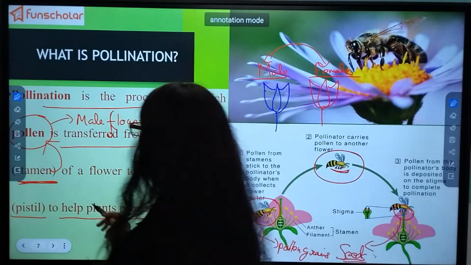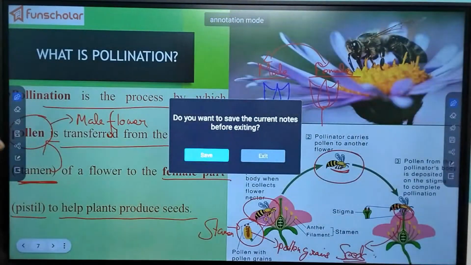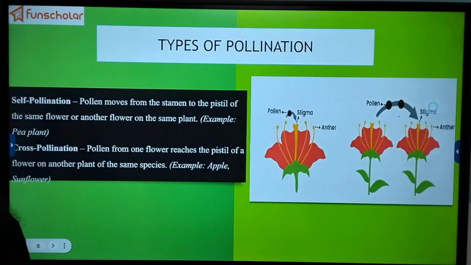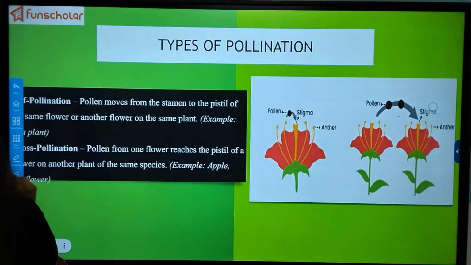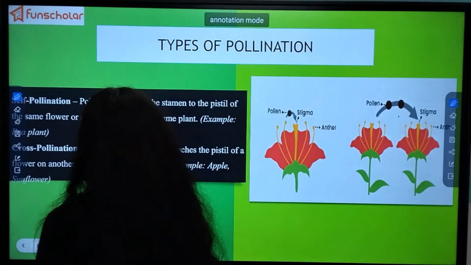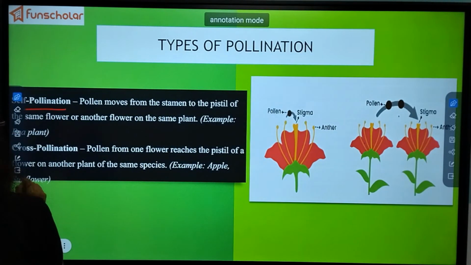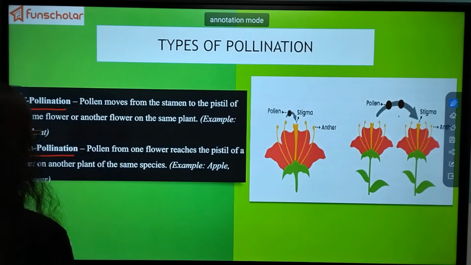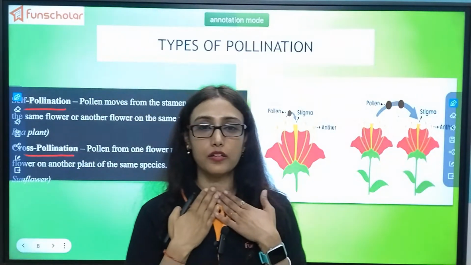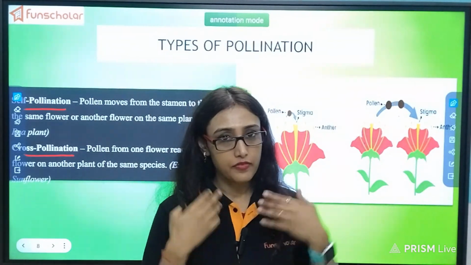This ultimately leads to the formation of seeds, known as pollination. Okay, I hope you have understood the concept well. Now, types of pollination. First is self-pollination, next is cross-pollination. Self-pollination: self means what? I am the self.